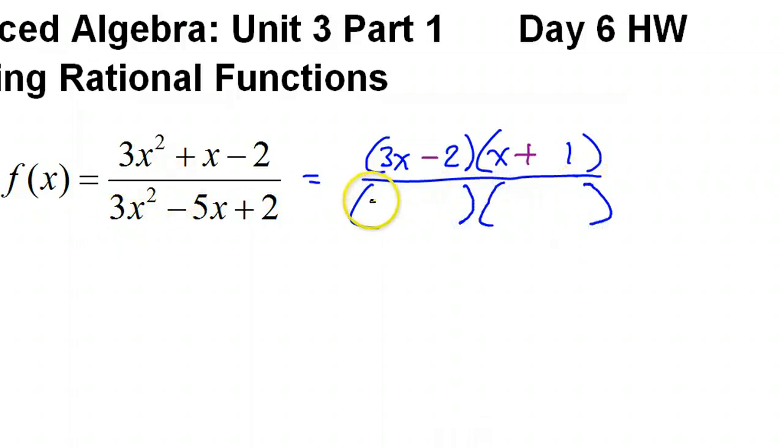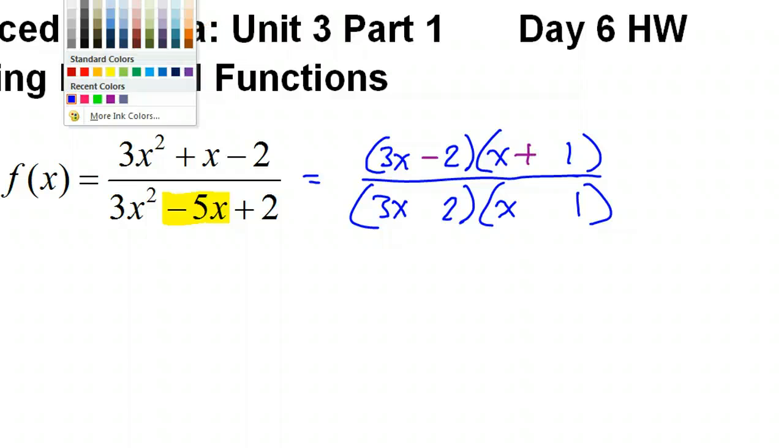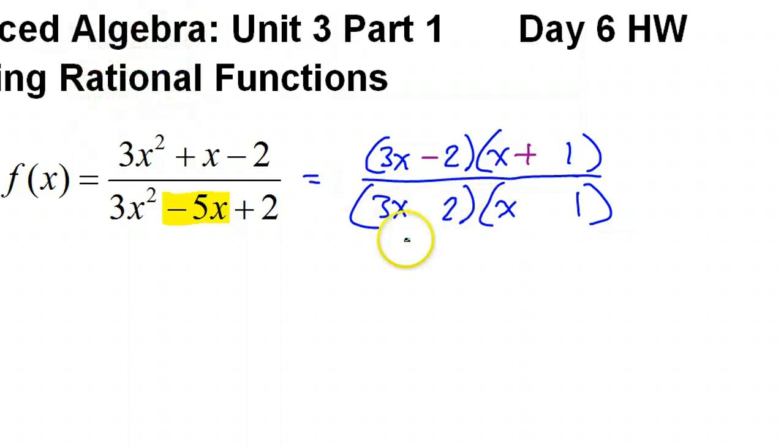3x squared, once again, can only factor as 3x and x. 2, once again, can only factor as 2 times 1, or maybe the 1 goes here and the 2 goes there. We are trying to get a middle of negative 5x, right? And inner plus outer has to equal middle. Inner, I have 2x right now.